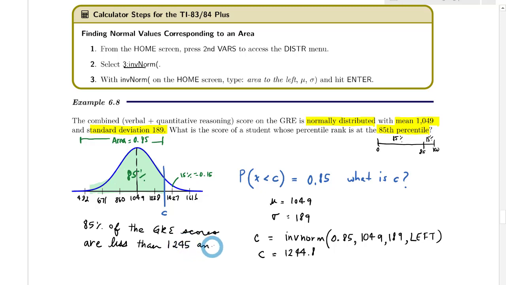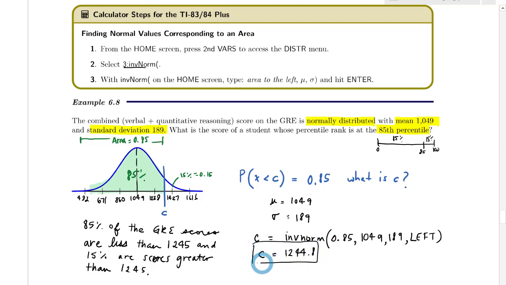And 15% are more than, or greater than, 1245.